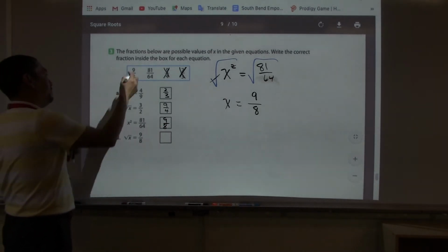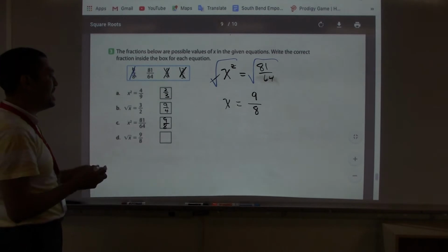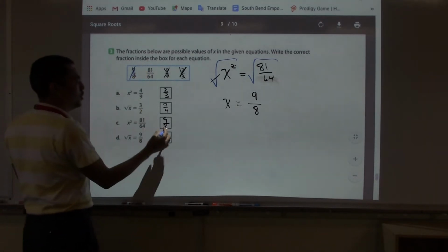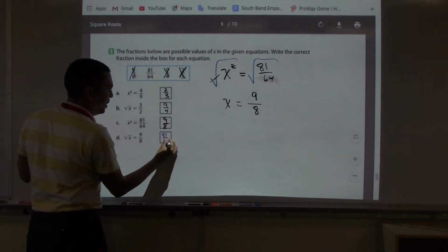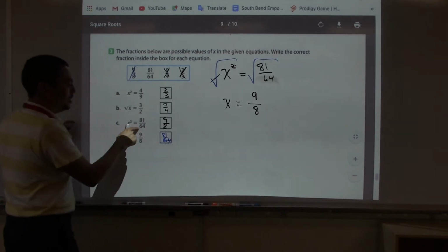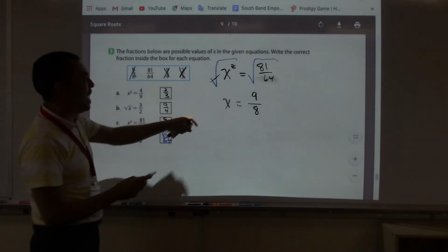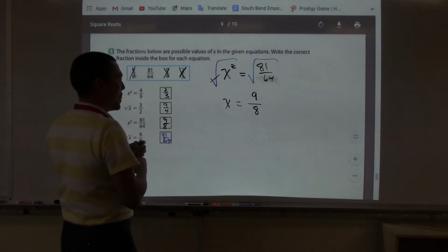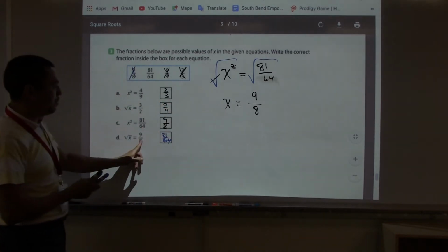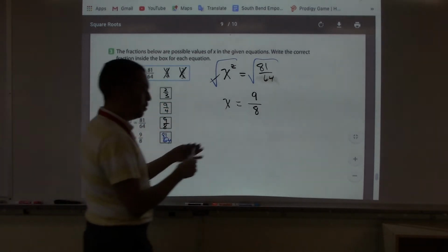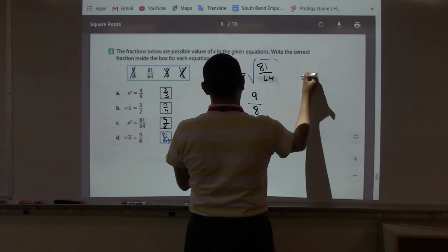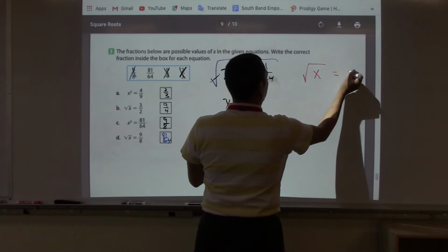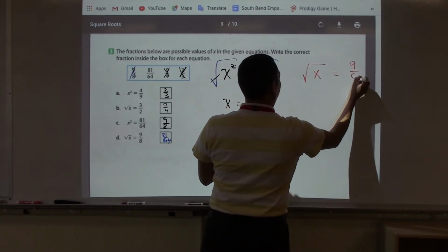I only have one left. D is the only solution, 81 over 64, which is the opposite of this one. So what we did now, look at this one. You have 9 over 8. I'm going to do it here. Square root of x equals 9 over 8.